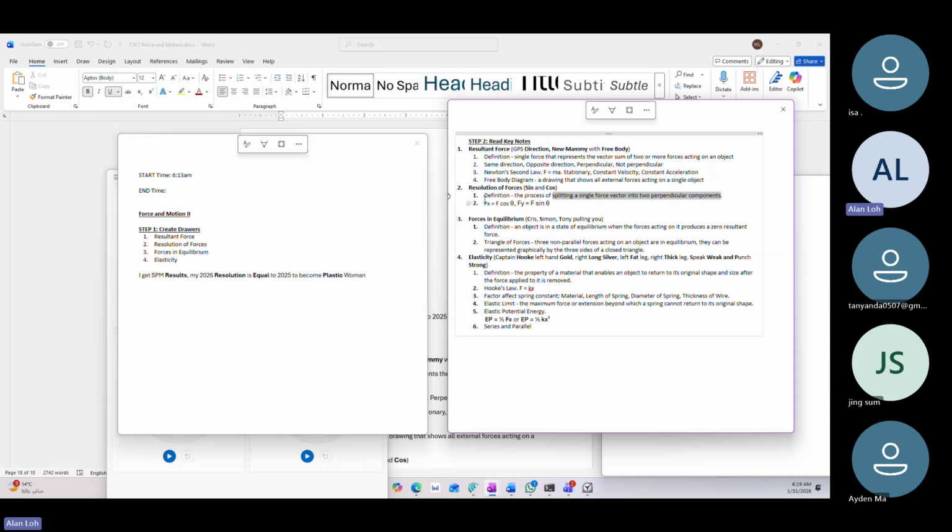You just need to know that there is a definition for it, and also this very weird formula, Fx and Fy. There are two perpendicular components. Number 1 is Fx, number 2 is Fy. And this is how you're going to calculate them. So there are only 2 points that you need to know for drawer number 2.